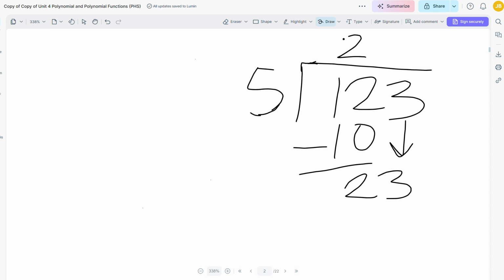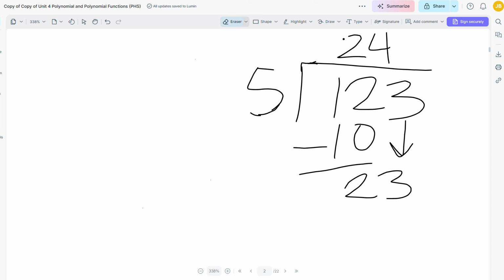and now we know to find another factor or multiple of 5 that gives us close to 23. 5 times 5 gave us 25, so I can't go over, so I have to go back down 1 digit more, so it'd be 4.